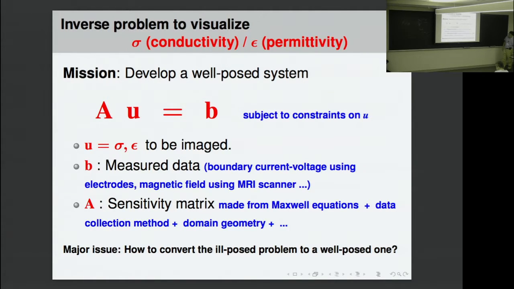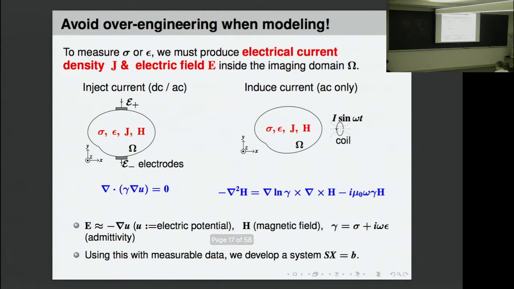The main reason it was not successful is that people focused too much on the Maxwell equation instead of looking at the data collection and boundary geometry. That's why my lesson is to avoid over-engineering. Going too deep into mathematics, and too deep into the cell structure and the Hodgkin-Huxley model, then you fail.